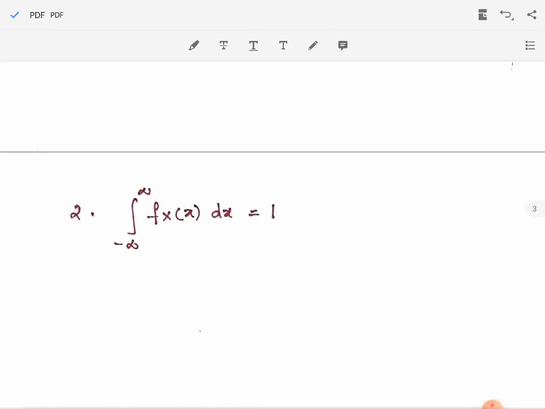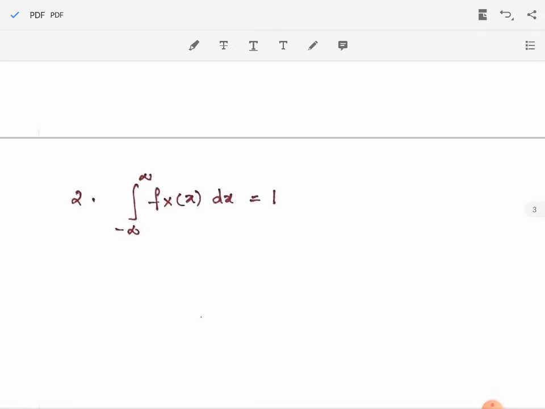Now the second property: integral from minus infinity to infinity of f_X(x) dx is equal to 1. We know that by definition, f_X(x), which is your PDF, is equal to the derivative of the CDF.